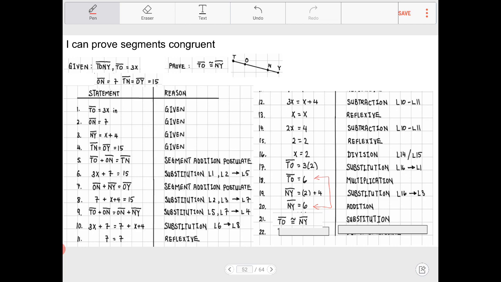But one more time, for our purpose, we're going to skip that step, okay? So the final step is TO is going to be congruent to NY, because we know that two segments that are equal in length are going to be congruent to one another. So that's why we are going to skip that last statement. Technically speaking, yes, we should have made that distinction, but again, for this course, we don't need to do that.